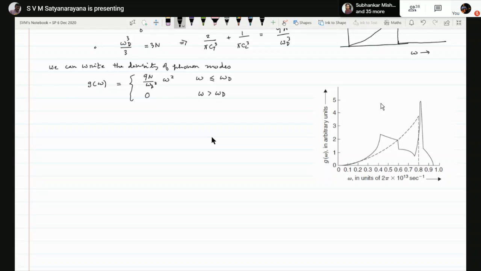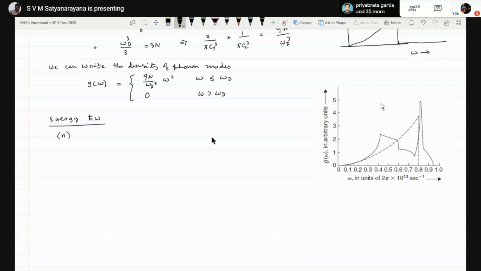So one of the important pieces of information that we have been using right from the beginning is that if you have a certain energy, let's say energy h bar omega, then we can ask the average number of phonons that have this energy.